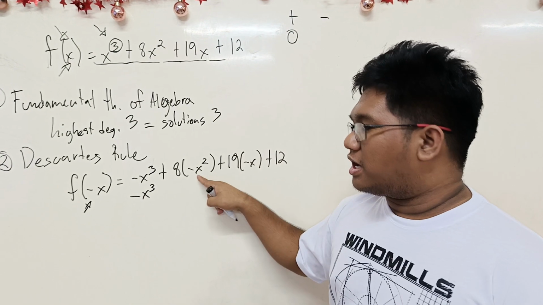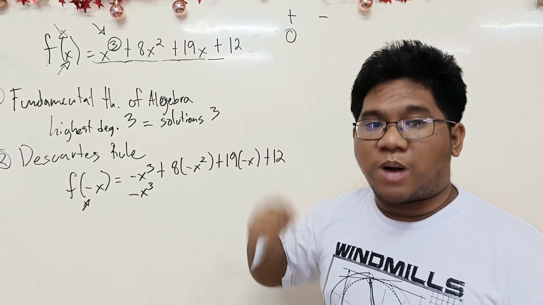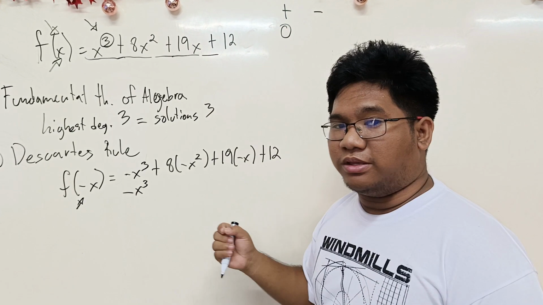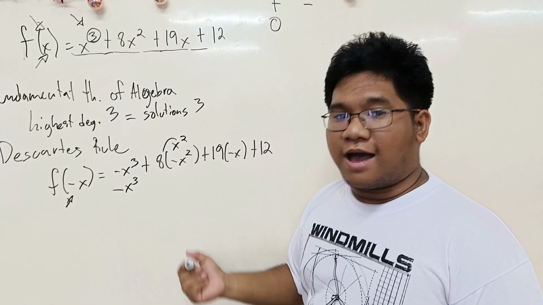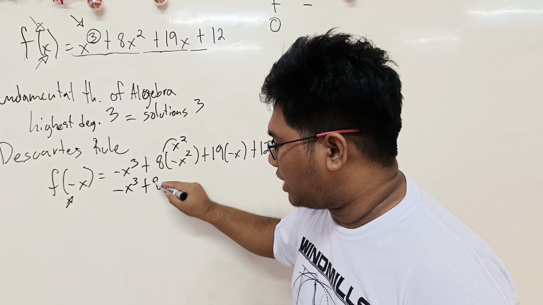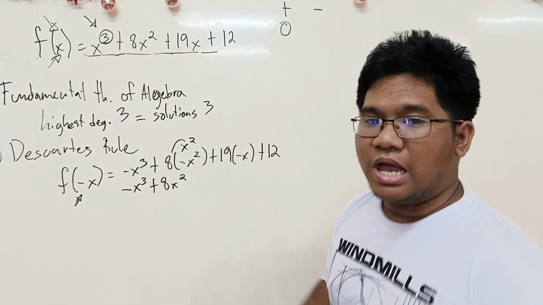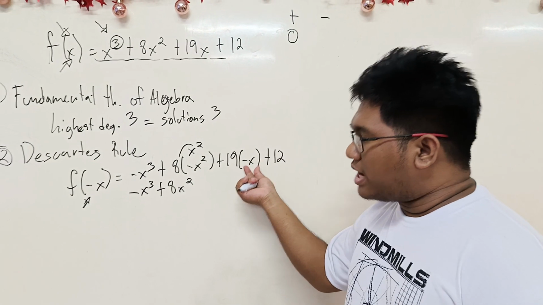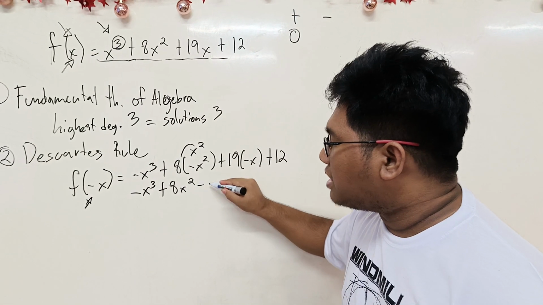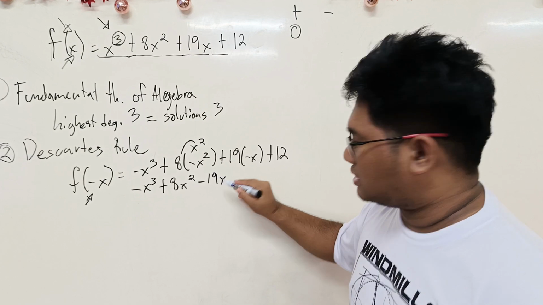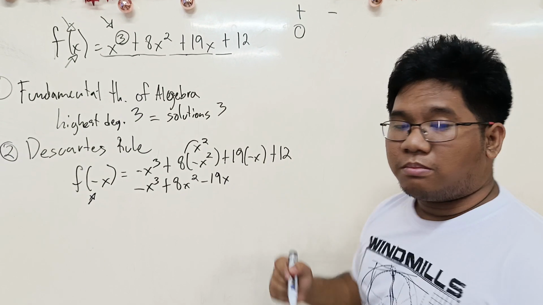So negative x raised to 2 would be positive x squared. So x squared times 8, we will have positive 8x squared. Next, negative x times positive 19. We will have negative 19x. Then bring down positive 12.